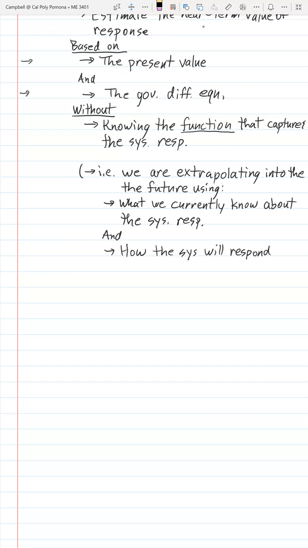To put these two things into a more understandable statement: how the system will respond.